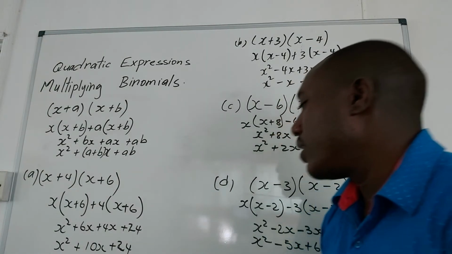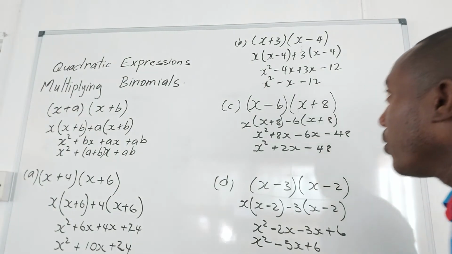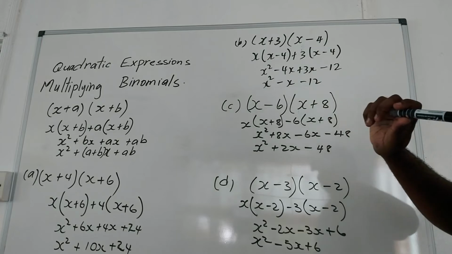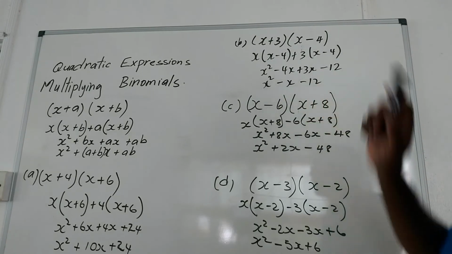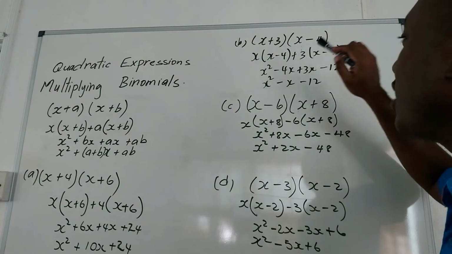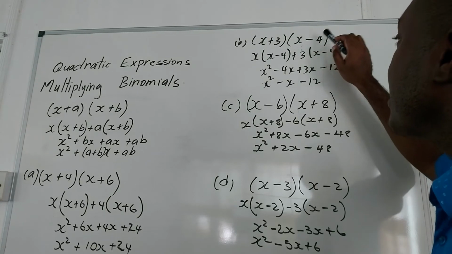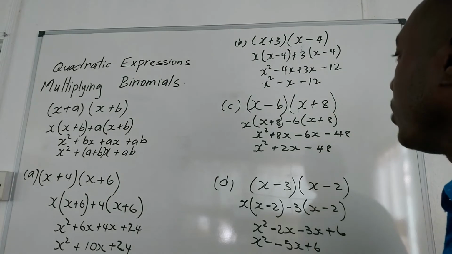Now, when one is positive and the other is negative, C will be negative. And B will take the sign of the larger number. Since 4 is the larger number and 4 is negative, then B will be negative.